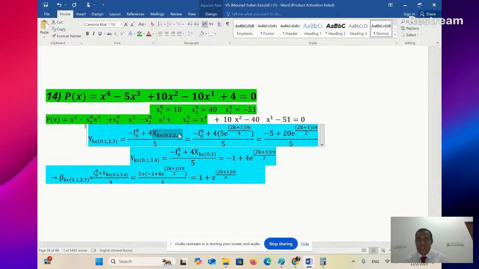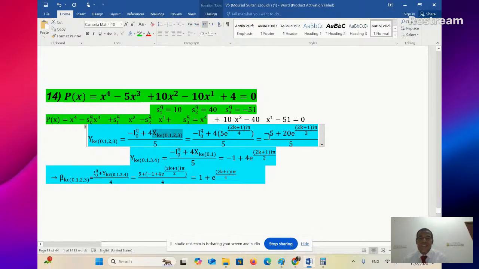So negative s0 for 2 plus 4 times xk, k from 0 to 3, is 5 exponential (2k plus 1) i pi divided by 4, all divided by 5. Because these x roots come from a fifth degree polynomial equation when you make extension.